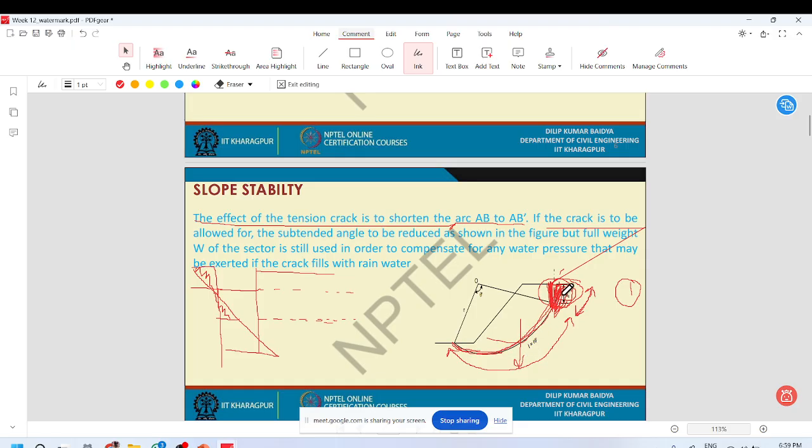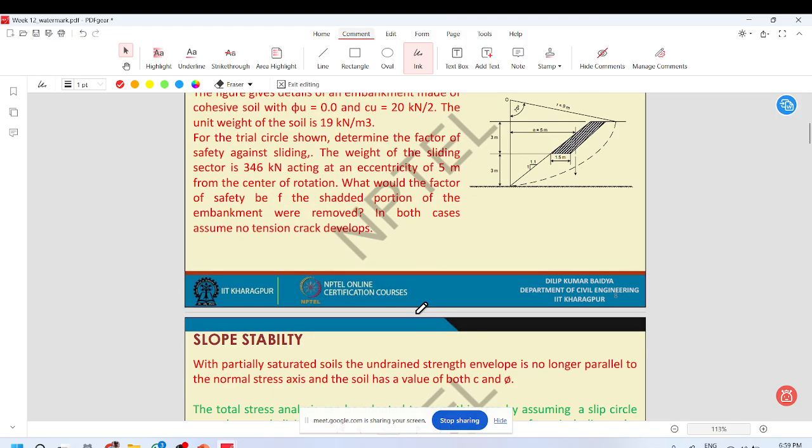But we usually retain it, because some water gets retained behind this tension crack, and to account for that we take the complete weight of the wedge. We don't decrease that, we only decrease the arc length.